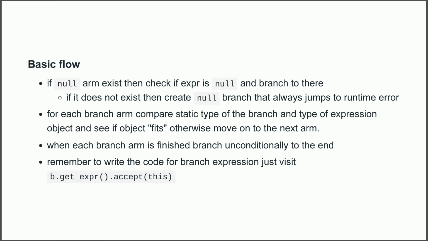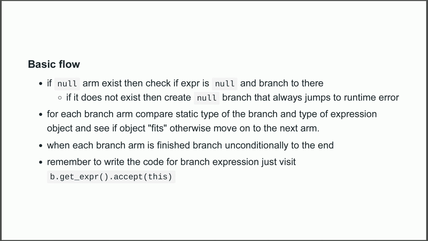Remember, we have a null pointer, so I don't want to give a lot of hints, but you need to check if the value is null, and if it's null and the null branch was provided, then continue the code and then branch to the end of the match. If it's not provided, then you need to jump unconditionally to the runtime exception.